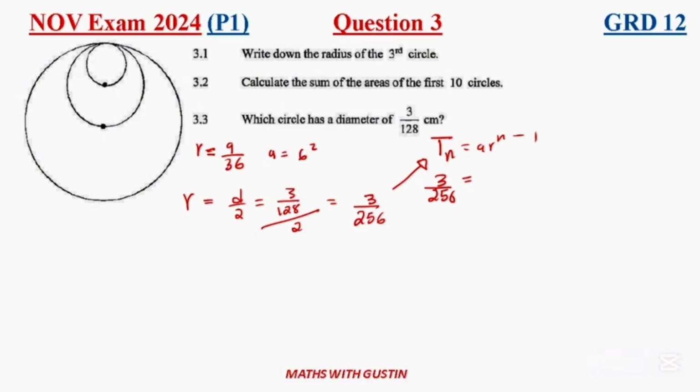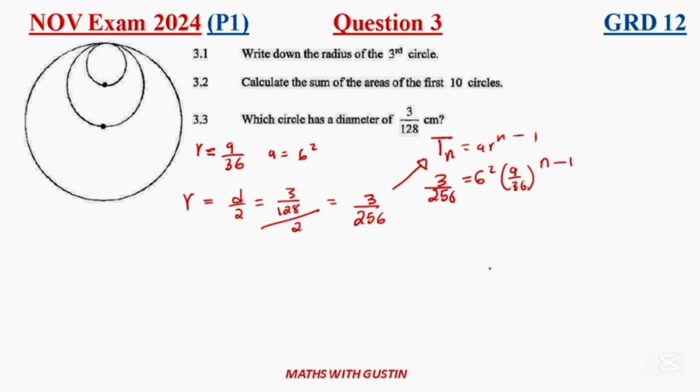Okay, let me just check something here, guys, on my calculator. Our first term should be 6 squared. Like we did earlier, our first term is 6 squared. r is 9/36 to the power of n minus 1. Sorry, I'm writing 10 there, it should be n minus 1. So once you have this, you can say 6 squared times (9/36) to the power of n minus 1.